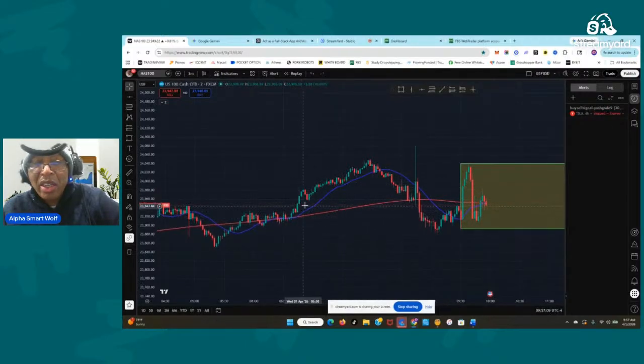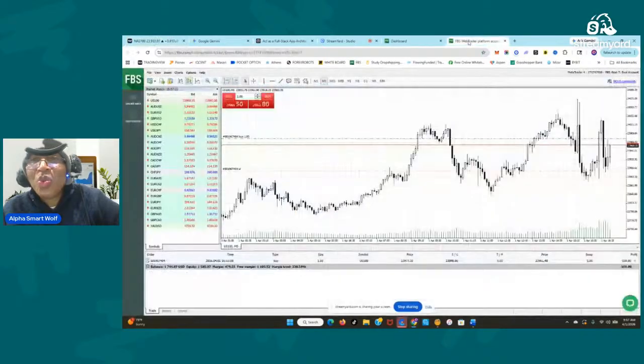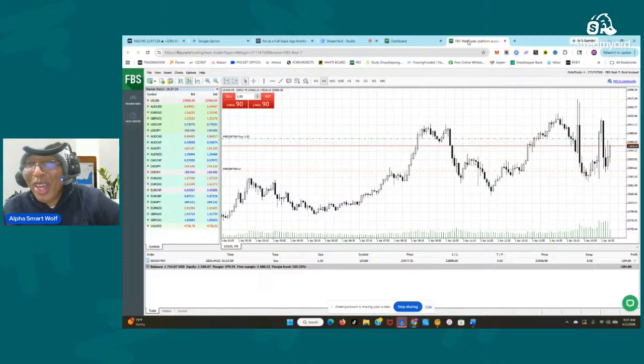The market hugs the 20, gets away, comes back, gets away, comes back, and now probably gets away. Okay, hopefully it gets away. Our goal is to get away, because when they get away, that's when we make money.